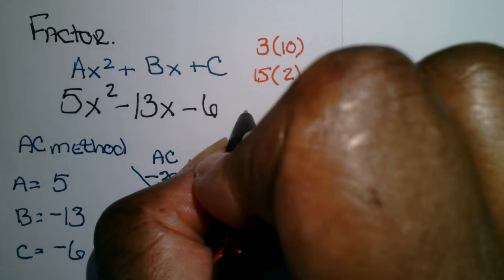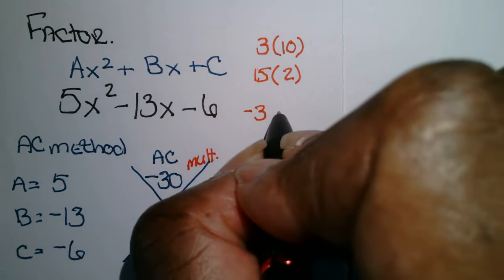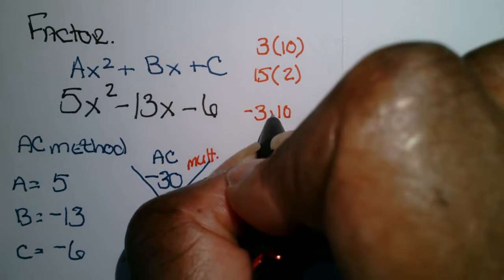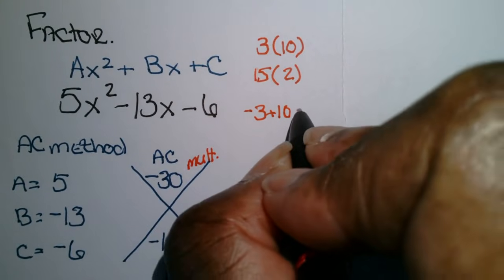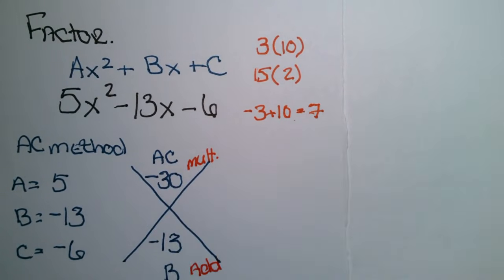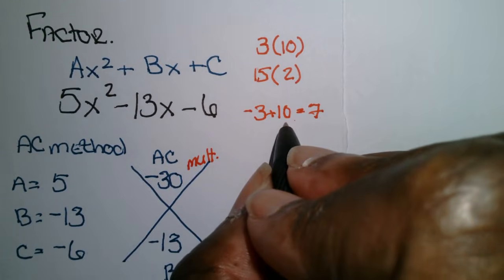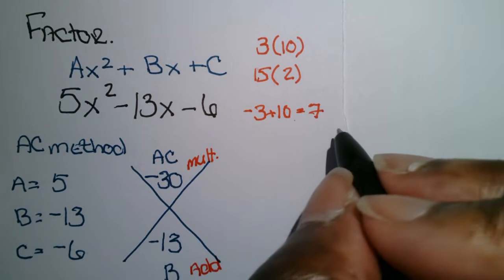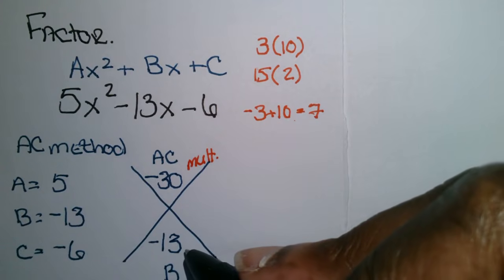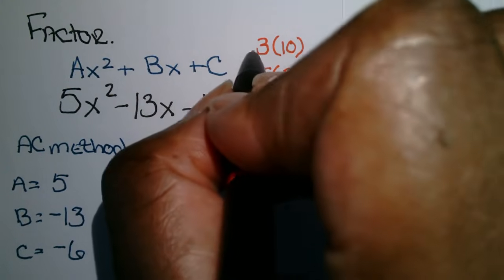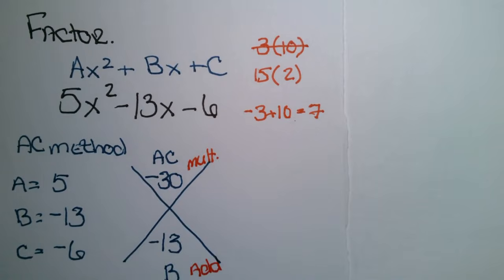If I made the 3 negative and the 10 positive and added them together, that's going to give me a 7. So that's not going to work. Even if I switched it around, made the 3 positive and the 10 negative, that's just going to give me a negative 7. I'm looking for a negative 13. So the 3 and 10 is not going to work for us.